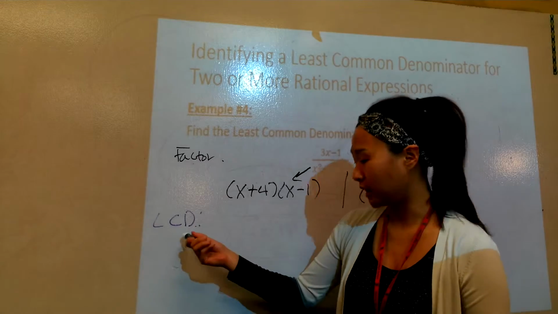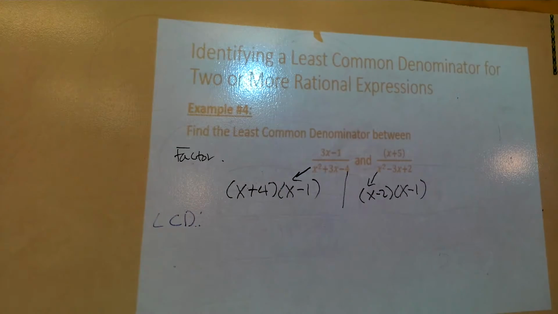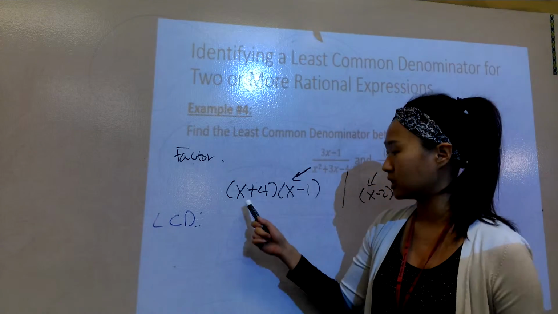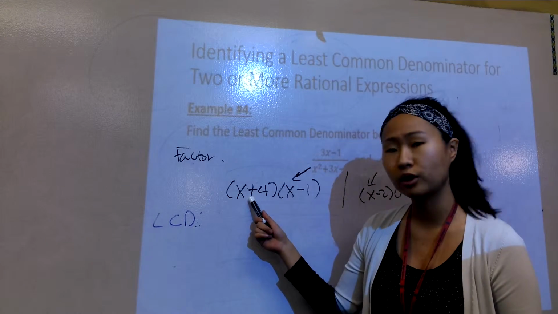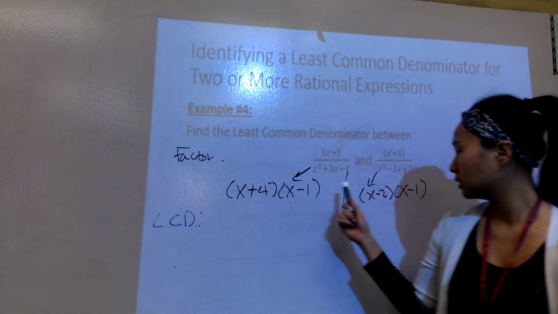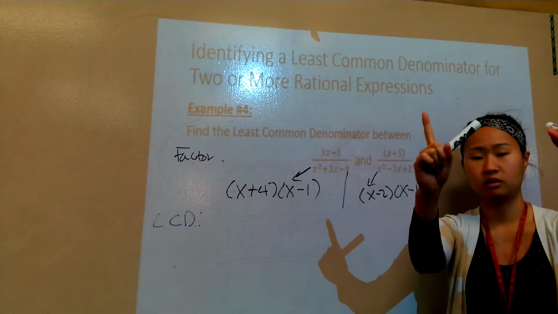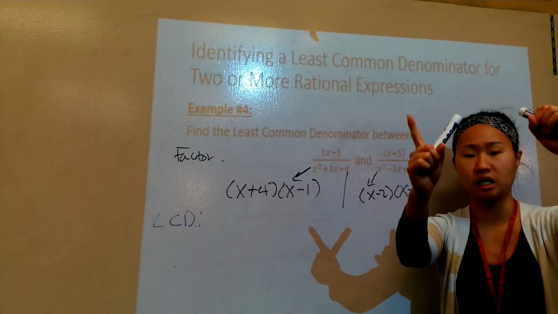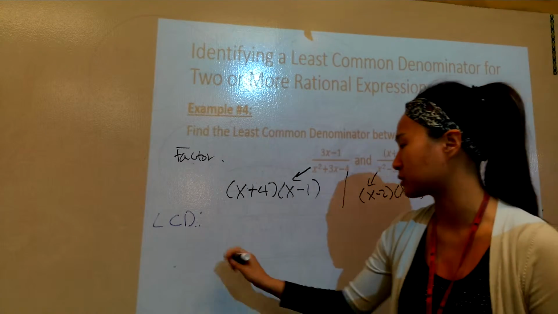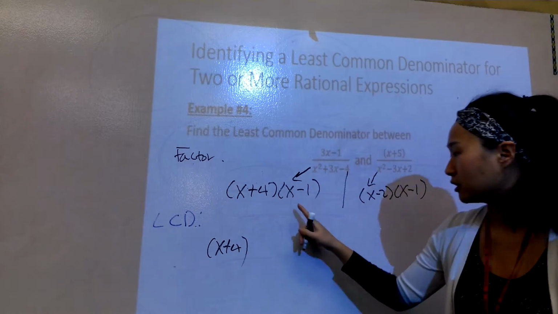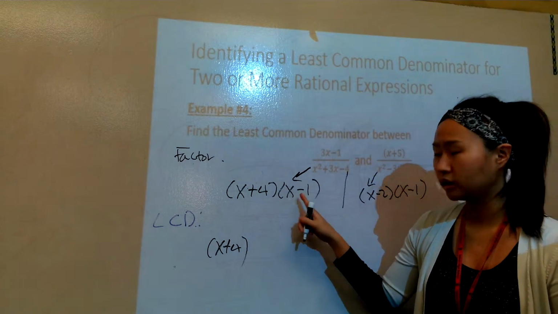Okay, how do you find the LCD? You just have to look at one factor at a time and see which one wins. Let's start with x plus 4. How many do I have? 1. How many x plus 4 do I have on the second one? None. 1 versus 0, I need 1 of x plus 4. Done with x plus 4, let's move on to x minus 1. I have 1 x minus 1.